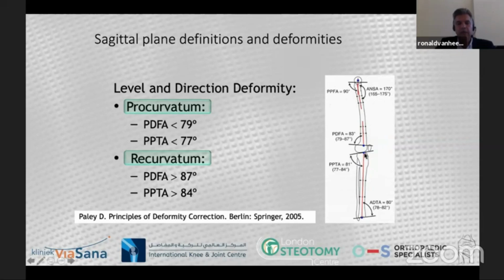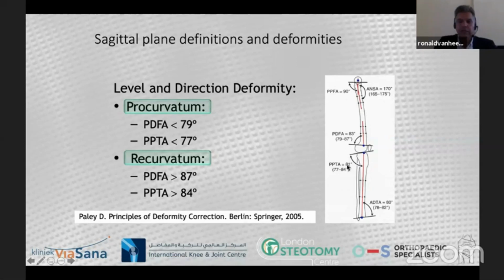From there, you draw a line proximal to distal, and the line of the slope of the proximal tibia angles to that. And that angulation from that line through the shaft, the mechanical axis, and the line which is parallel to the tibial plateau on the sagittal view is the posterior proximal tibial angle, and the norm value is 81.